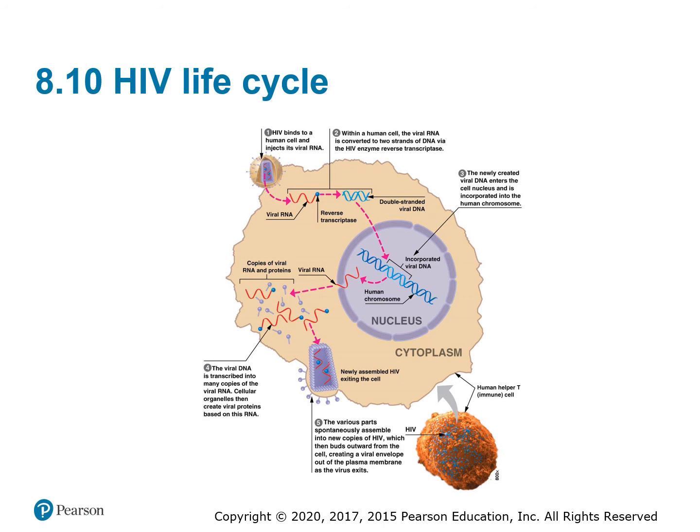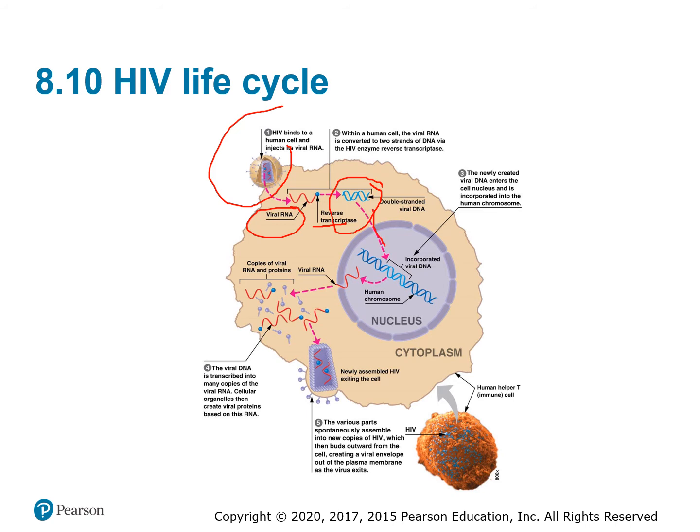So here's the life cycle of HIV. You have infection, that's here. And then here's the viral RNA. From the viral RNA, with the help of reverse transcriptase, it can make DNA. So now you have double-stranded DNA that originates from this viral RNA. And then this newly created viral DNA can enter the nucleus.